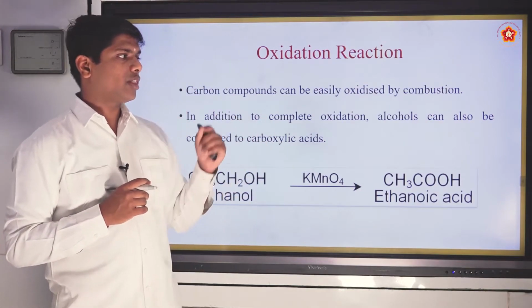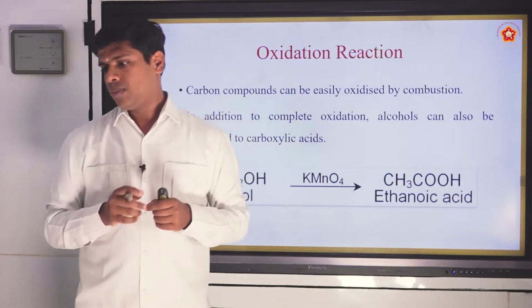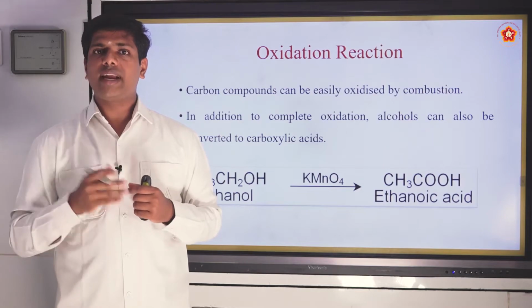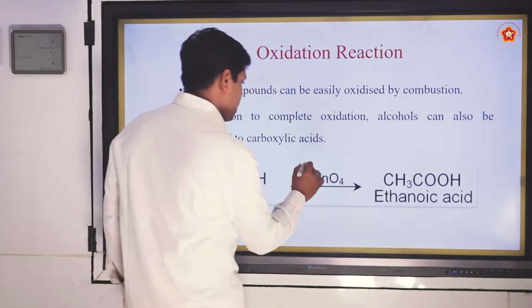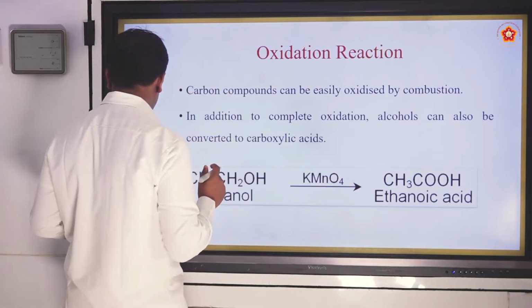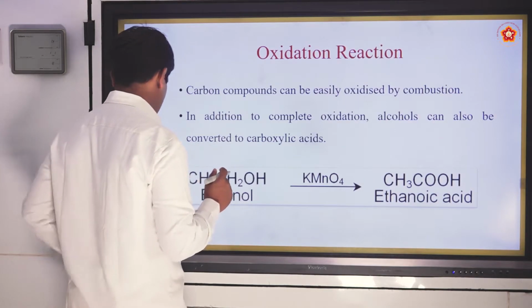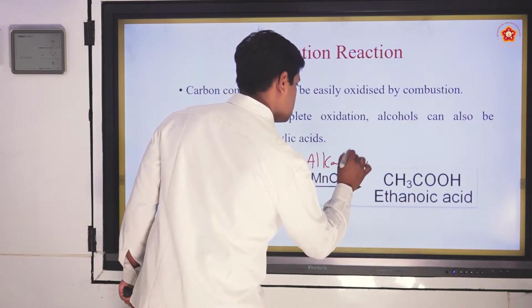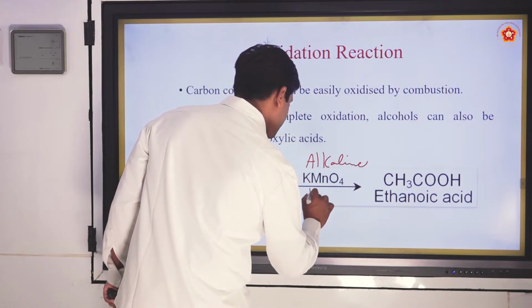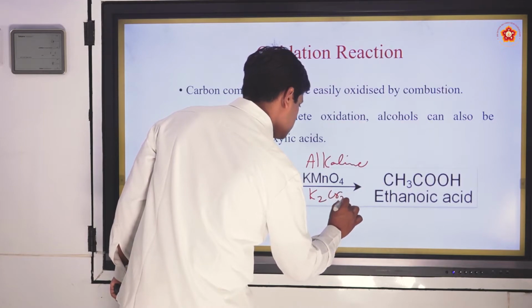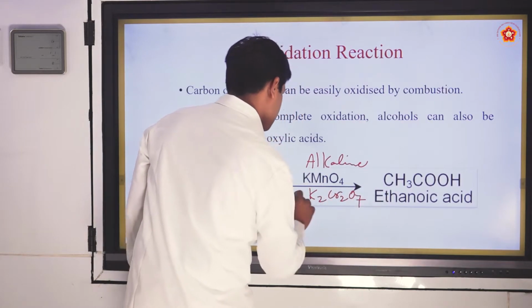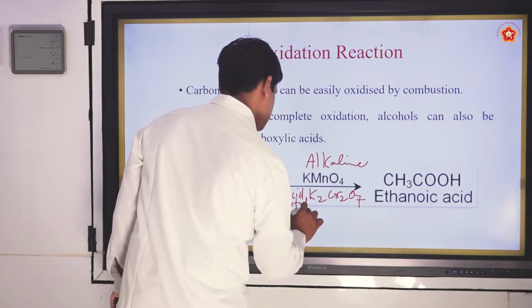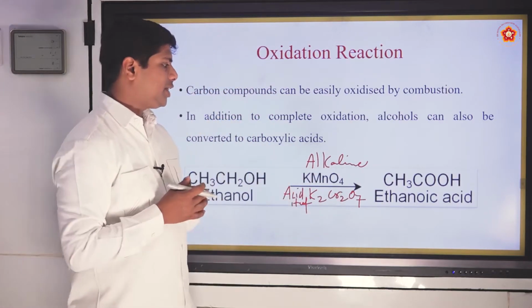Ethanol is converted into ethanoic acid through alkaline KMnO4 or acidified K2Cr2O7.